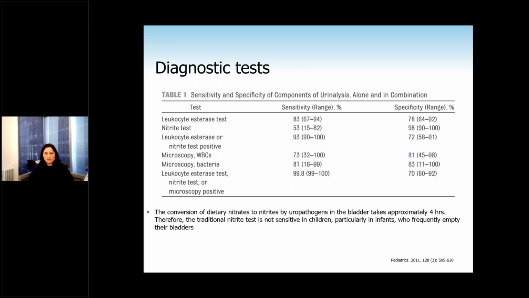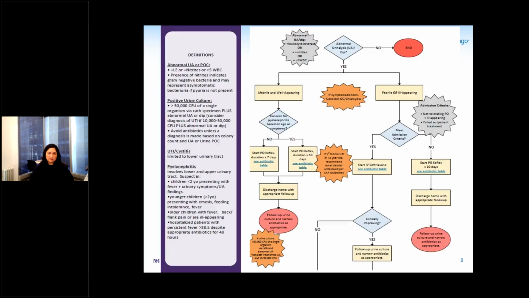So in the right clinical setting, think about UTI even if there is a negative nitrite test. Also, some organisms don't do this. Mostly gram-negative uropathogens convert the nitrate to nitrite, so if it's a gram-positive infection, you won't get a positive result.